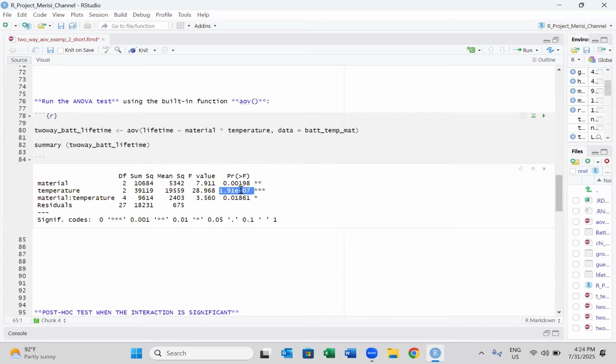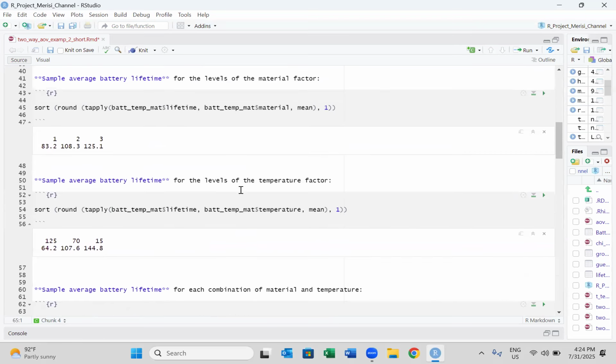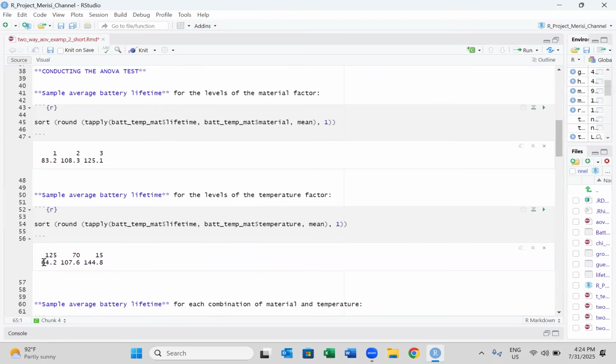That's a really, really small p-value, so obviously it's less than 0.05. We conclude that temperature also has a statistically significant influence on lifetime, meaning that at least two of the sample average battery lifetimes for the temperatures are statistically different.